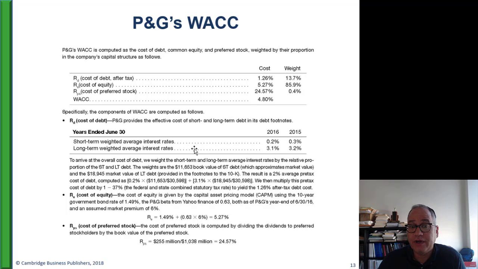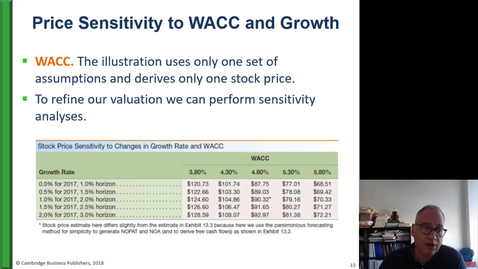Or there could be other things influencing how we measure this. We might have used a shortcut to measure the cost of debt, whereas we could use a more refined measure. So what you might want to do is see how sensitive your conclusion is to the different assumptions you've made. One example is manipulating your growth rate.